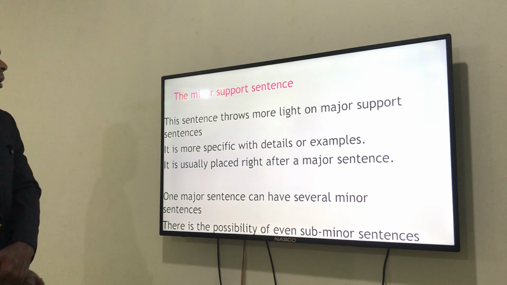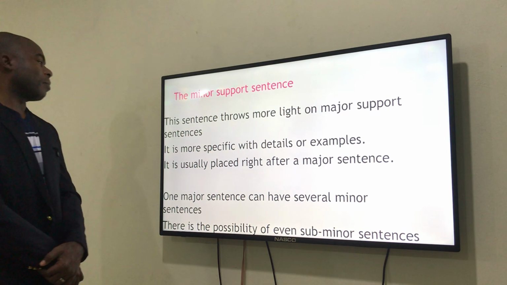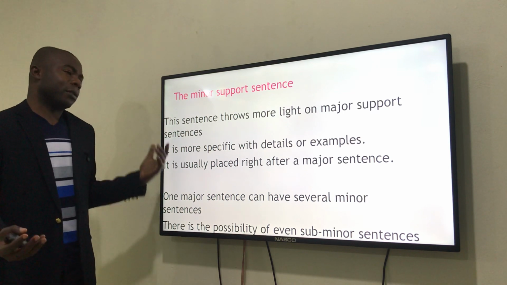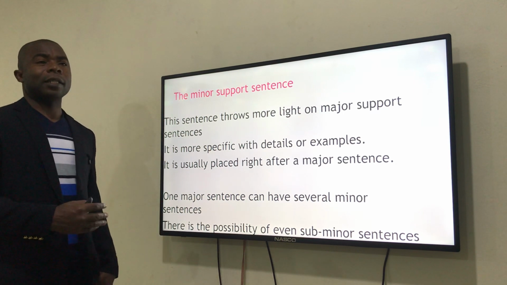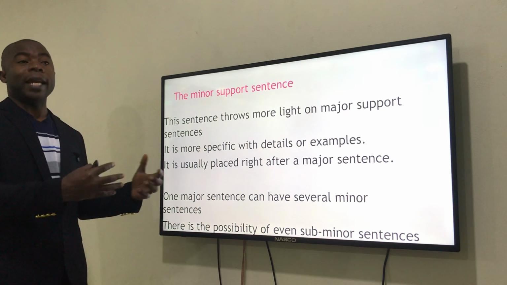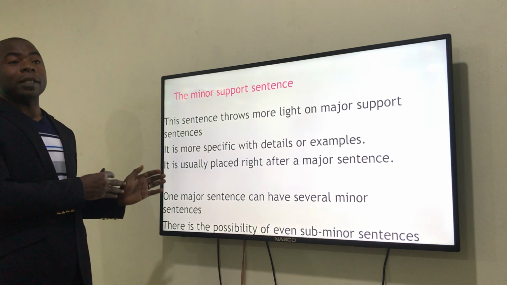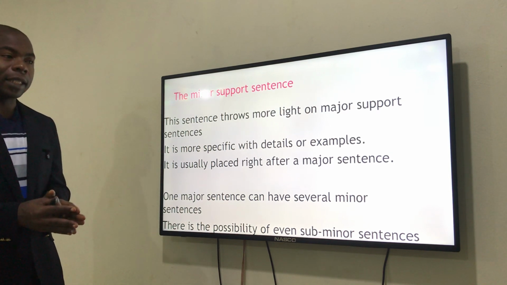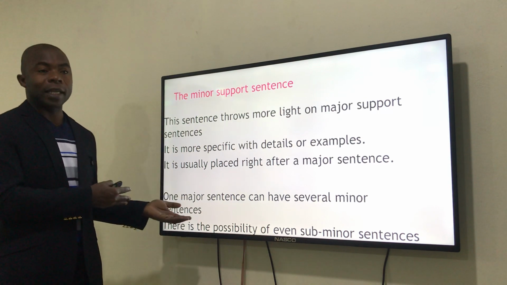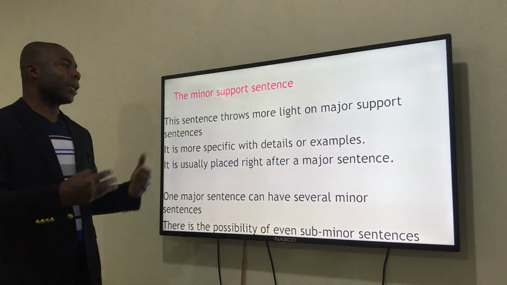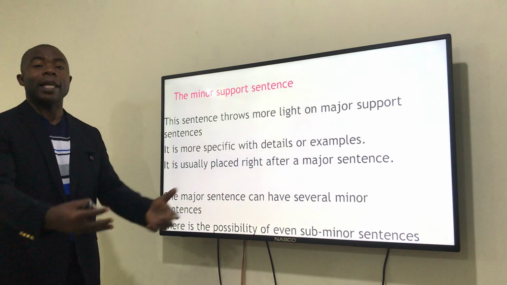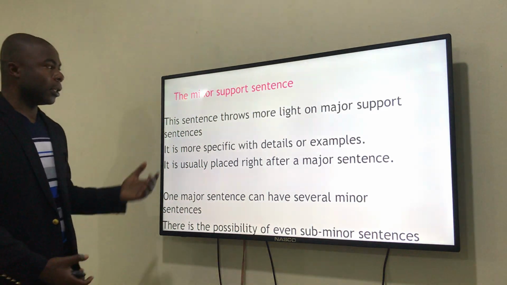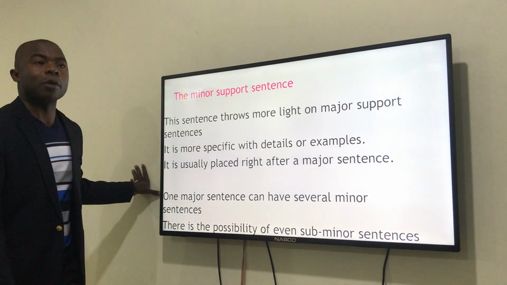What is it? This sentence throws more light on major support sentences. Of course, this is natural. Just as topic sentences explain and throw more light on the thesis statement, and major support sentences expand topic sentences, so do minor support sentences throw more light on, expatiate, major support sentences.